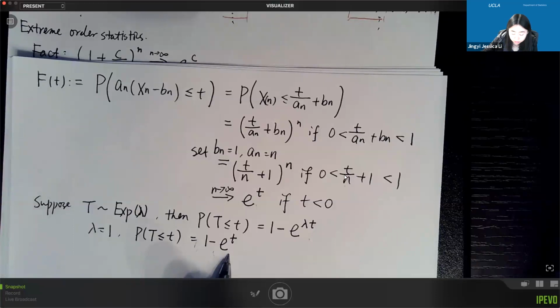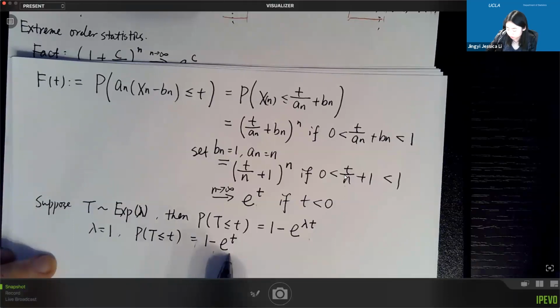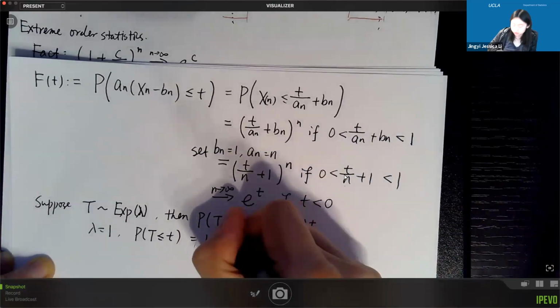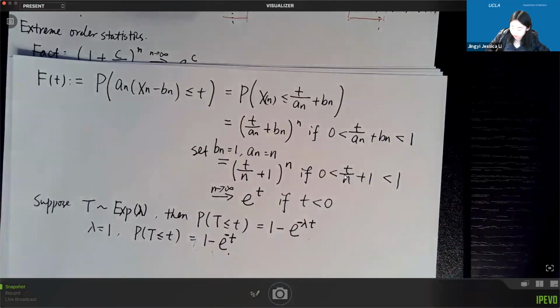So yeah, that's very interesting. I think I missed a minus sign, sorry. Yeah, my bad, otherwise it couldn't be correct. Yeah, it's this one. I have a minus sign in the power. That's the exponential CDF. But here we have exponential t.